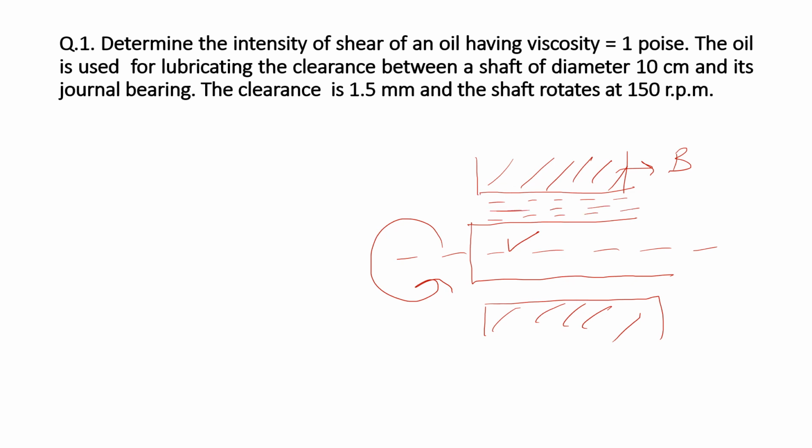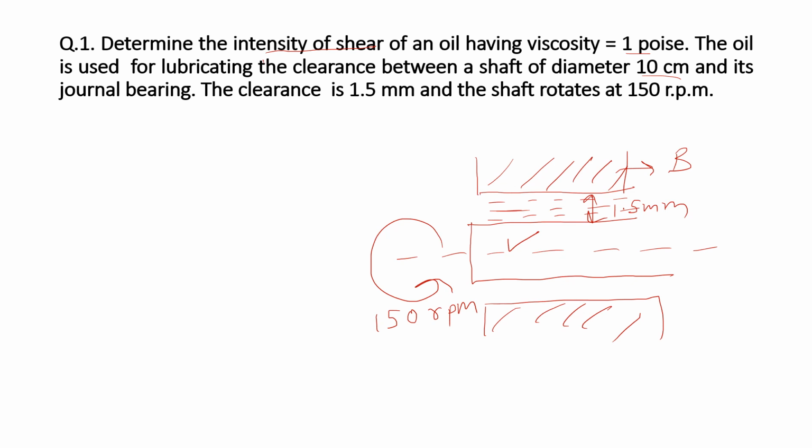In the question, you will see that we need to find the intensity of shear, that is, we need to find the shear stress in this oil. The oil has a viscosity of 1 poise, the diameter of the shaft is 10 centimeter, and the clearance is 1.5 mm. So this distance is 1.5 mm, and the shaft is rotating with a speed of 150 rpm, that is revolutions per minute, and we need to find the shear stress.